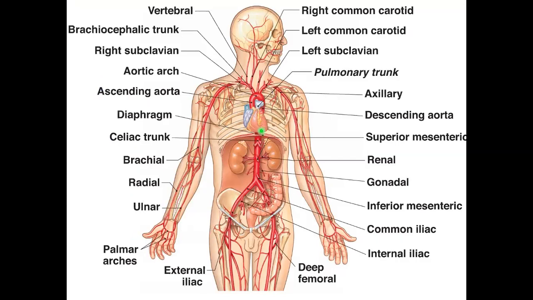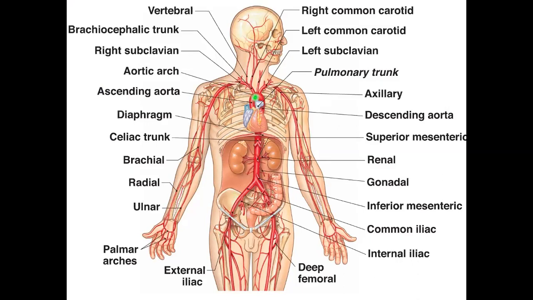This becomes the thoracic aorta, then the abdominal aorta, and then it branches into the common iliac, the internal and external iliac, and then the external iliac breaks up into the femoral arteries.